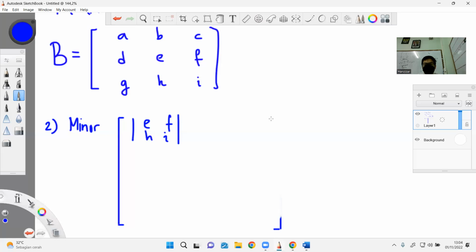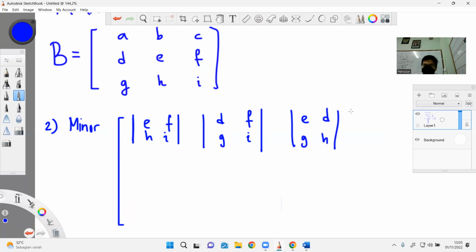Okay, and then, second, row 1, column 2. The rest is D, F, G, I. Right? So look at this, D, F, G, I. And row number 1, column 3, see, D, E, G, H. We are done for the first row.